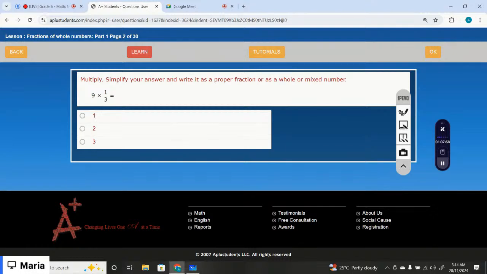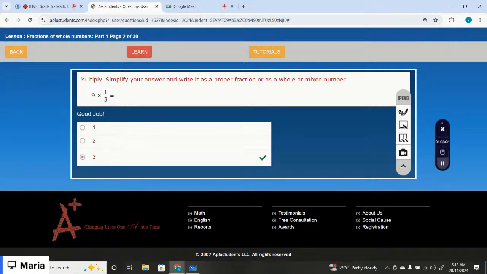So which is the correct option? 3 times 3 is 9. The correct option is 3. Option number 3 is the correct option.